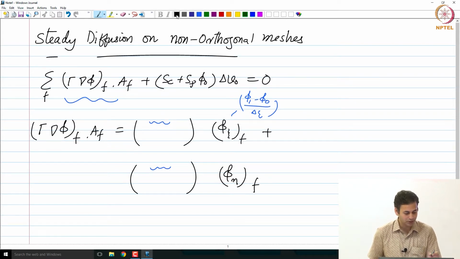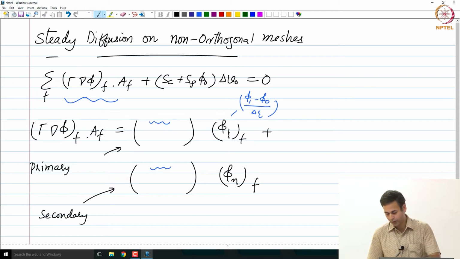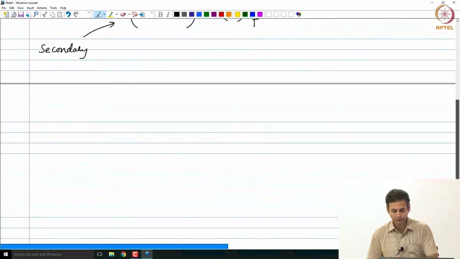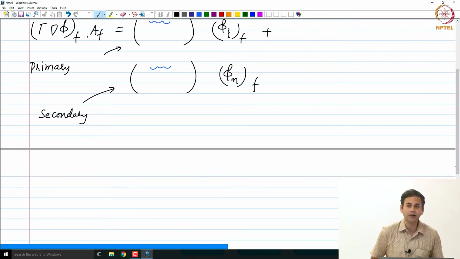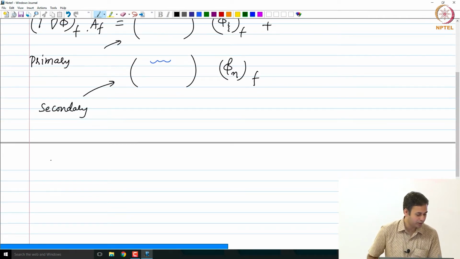The second term we called the secondary gradient. Now, we devoted a considerable amount of time to understanding how to calculate the secondary gradient itself. The secondary gradient term we denoted using S g sub f.